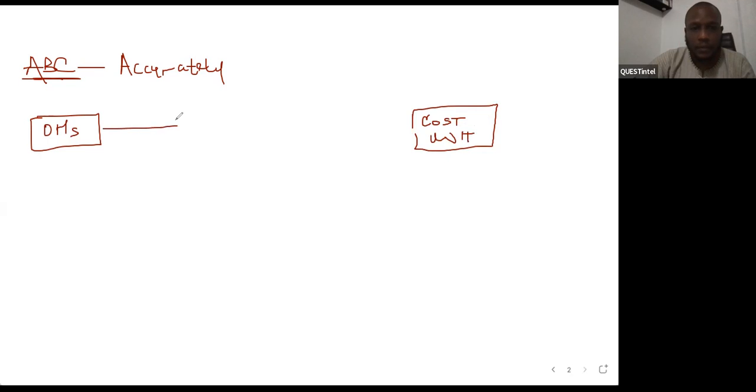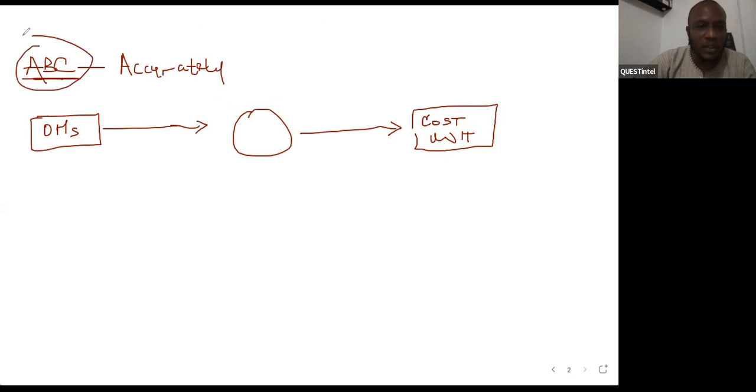Now, like we said, not too dissimilar. What we're trying to do is to reflect this overhead cost. The fundamental argument of activity-based costing is that it is the support overheads that are incurred in production or providing a service that account for a significant amount of the costs that are incurred in producing a product.